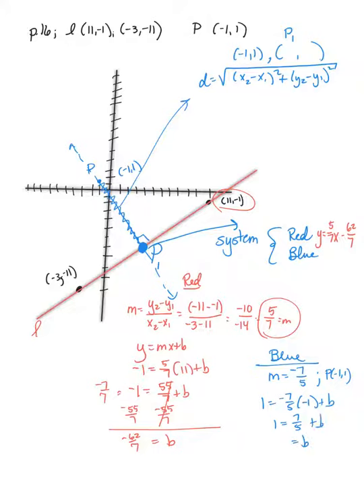So b is, when I carry, going to be negative 2/5 because I've got 5/5 here, subtract 7/5, negative 2/5. So my blue line is y equals negative 7/5 x minus 2/5.